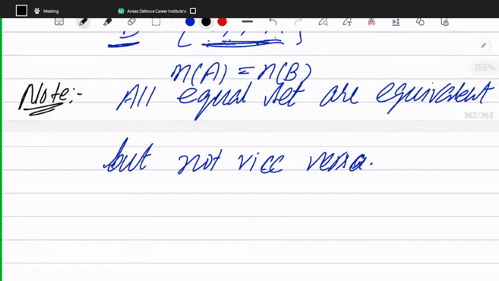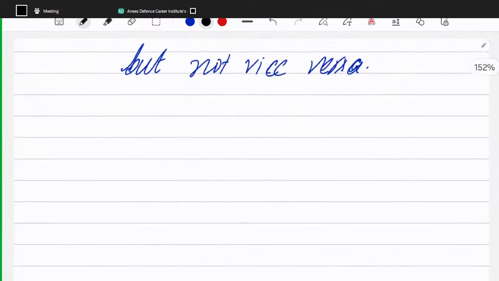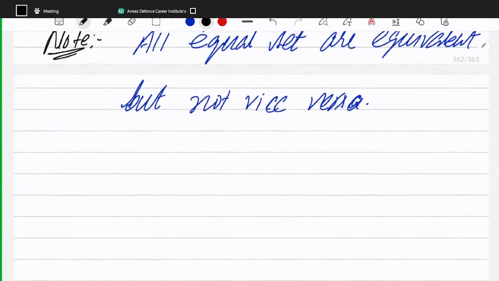Now the next heading is subset and superset. What is a subset?